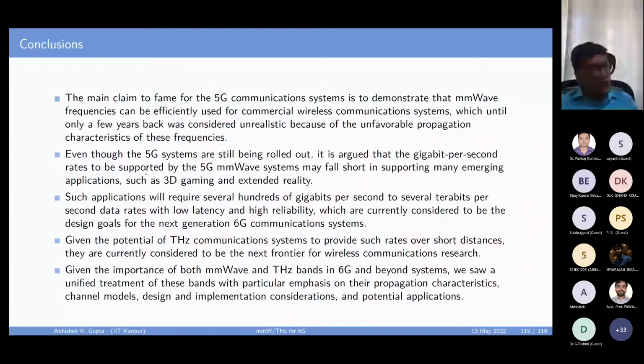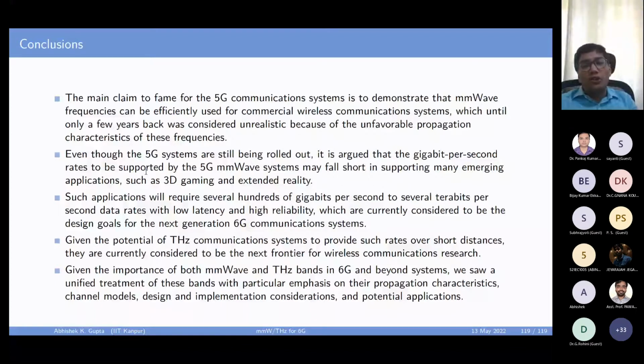There were many factors which made this a reality, including the advancement in communication and device technology. Now, as we move forward, we have to look at more ways to improve the frequency and data rate, because applications will keep on improving, and you will see applications which are even more data hungry. So that's why people have started looking at higher frequencies than millimeter wave, which lie in the terahertz band.